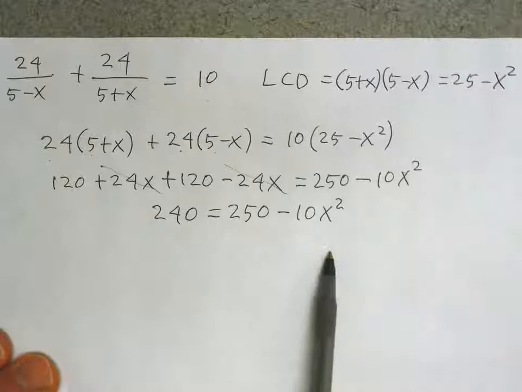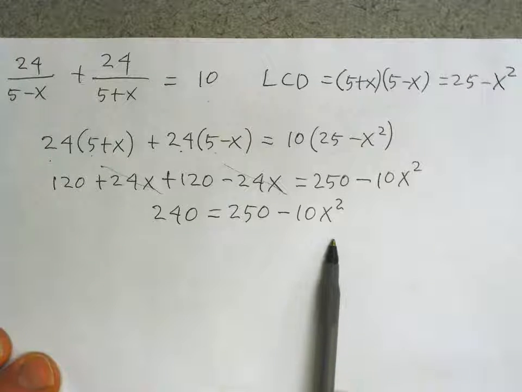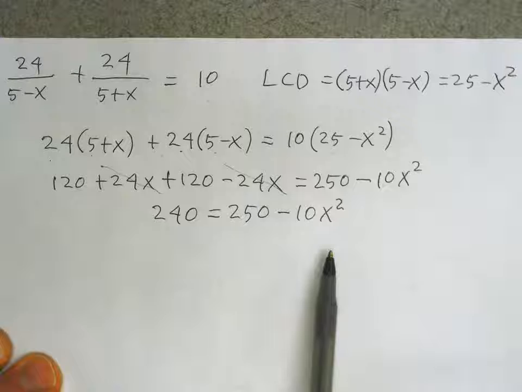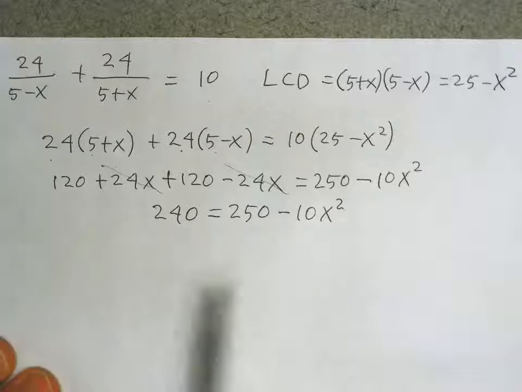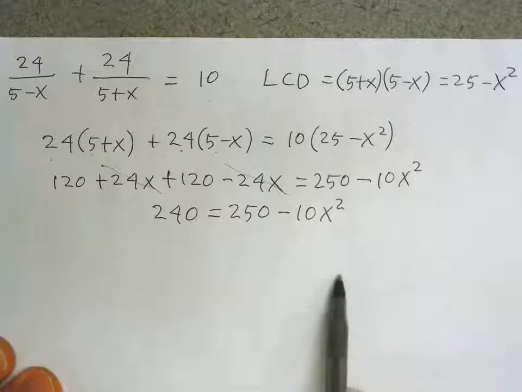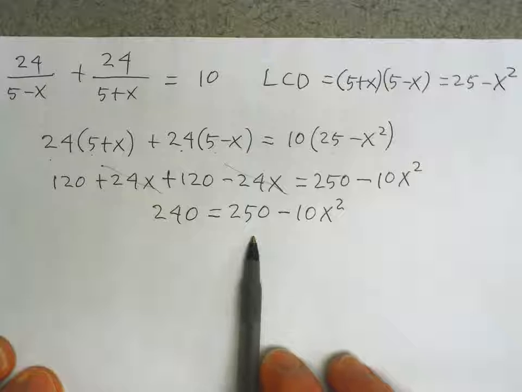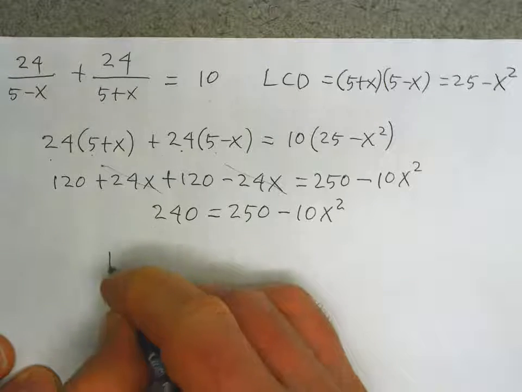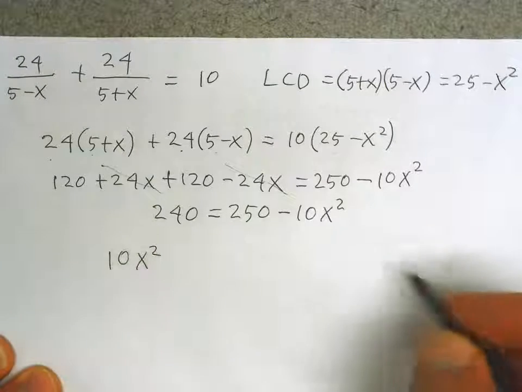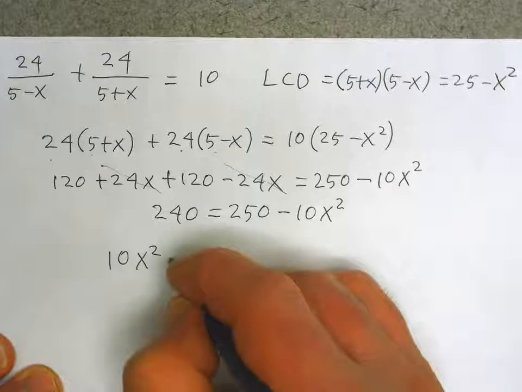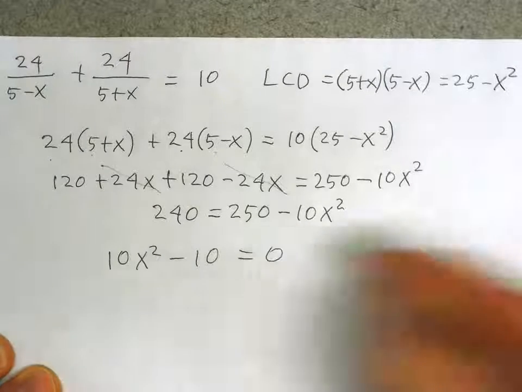So let's get this into standard form and then look at what we have. If I add 10x squared to both sides and subtract 250 from both sides, I'll get 10x squared minus 10 equals 0.